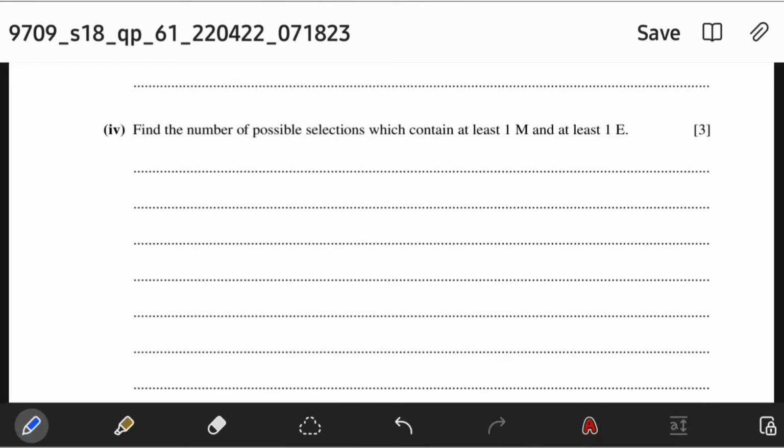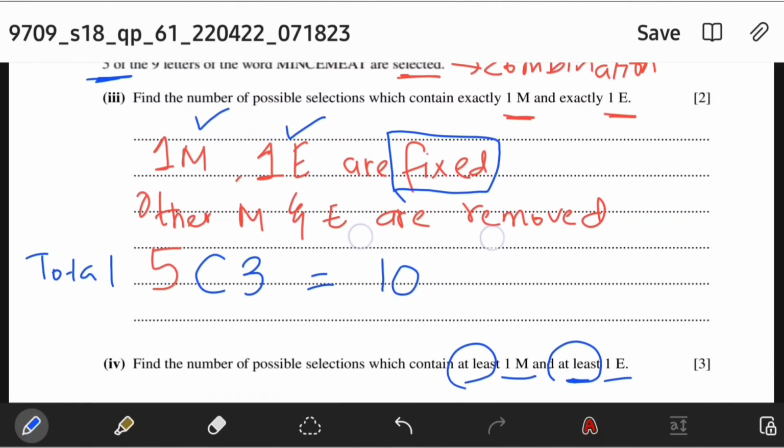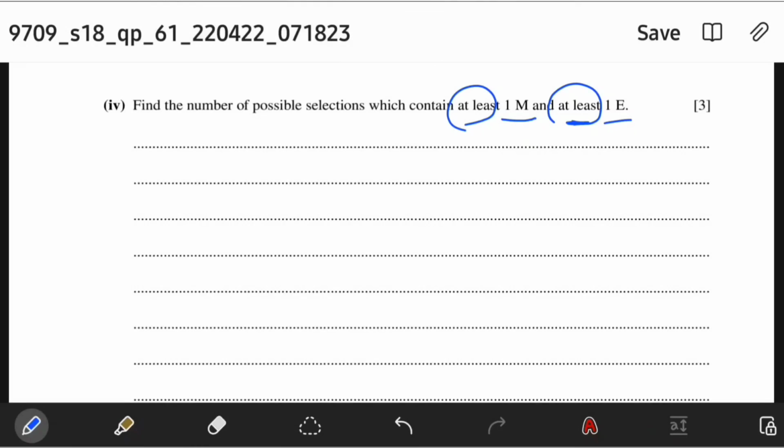Find the number of possible selections which contain at least 1 M and at least 1 E. So this word "at least" is making a difference in this part and that part. So now it could be either 1 M or 2 E's, or 2 M's or 1 E. Let's write all the possibilities. So firstly, it could be both the M's and both the E's.